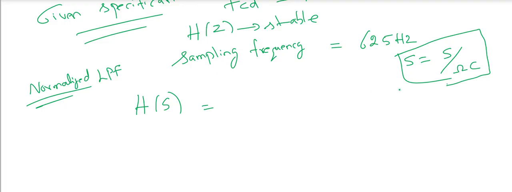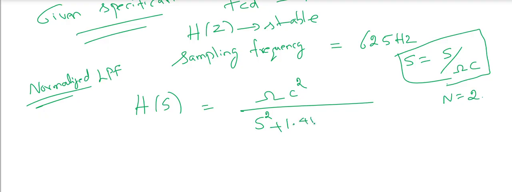We'll take the second order transfer function, take n equal to 2. Then H of s will be omega c squared by s squared plus 1.414 omega c into s plus omega c squared.